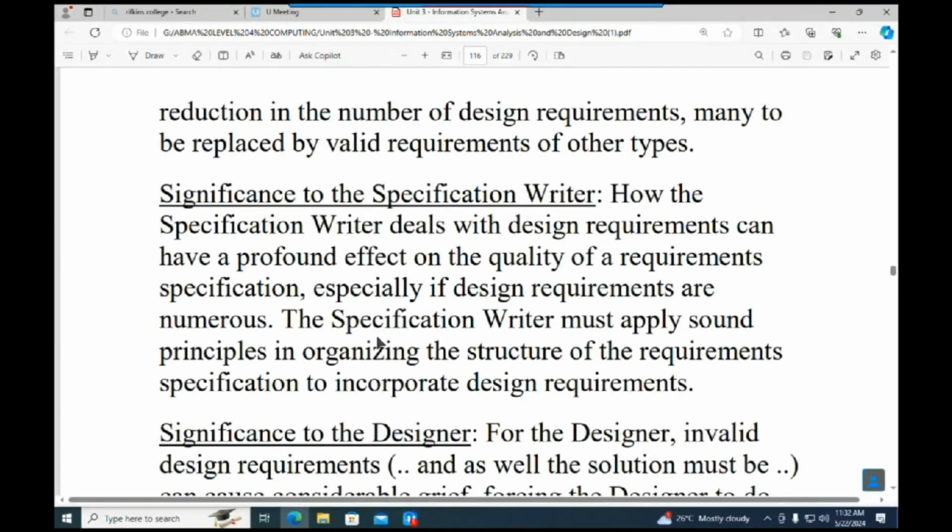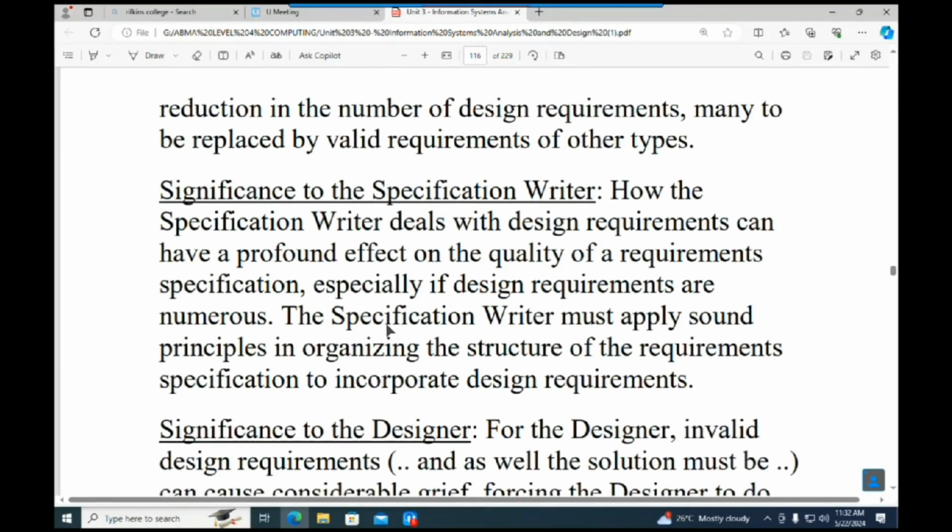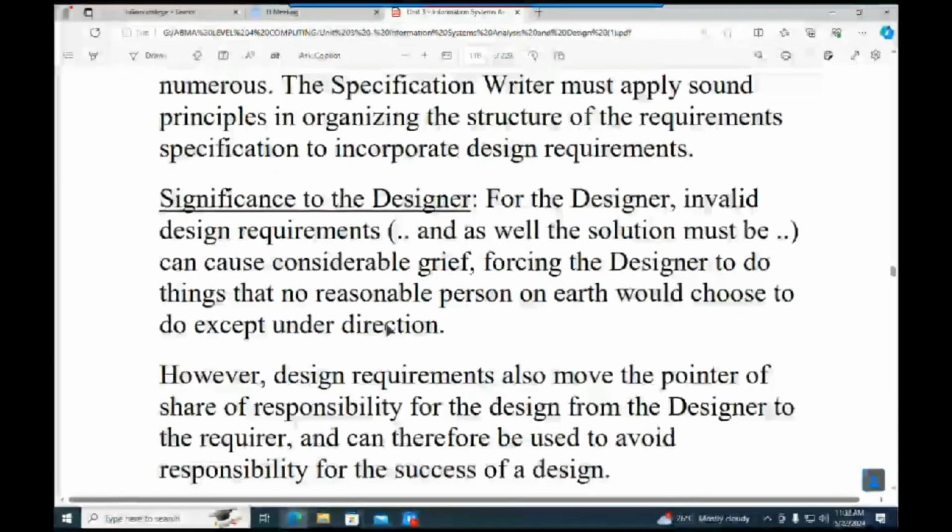So the writer should apply some sound principles in making sure that he's organizing the structure of the requirements specification to have the design requirements incorporated in it. To the designer, invalid design requirements can cause grief, forcing the designer to redo things, or to do some things that are not reasonable.